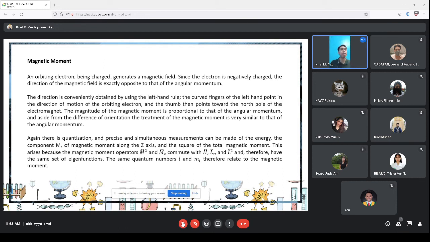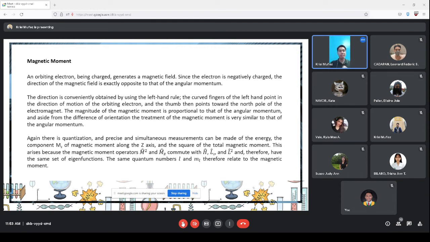But for the rest of the atoms, we have an angular dependency. So to make it shorter and easier, our angular momentum is always opposite to our magnetic moment.